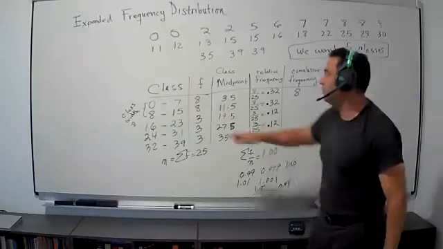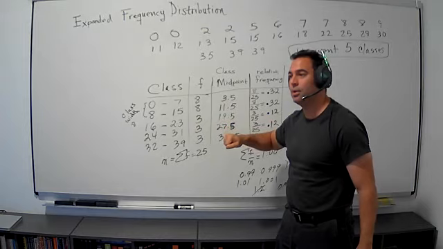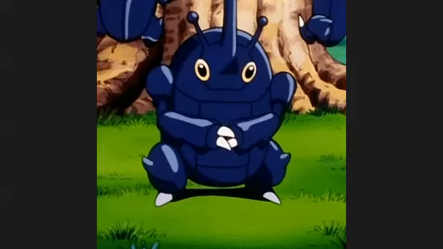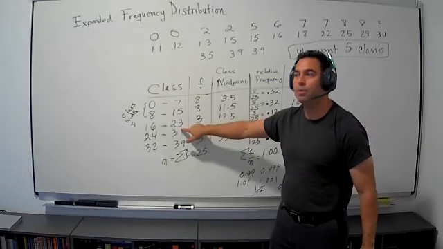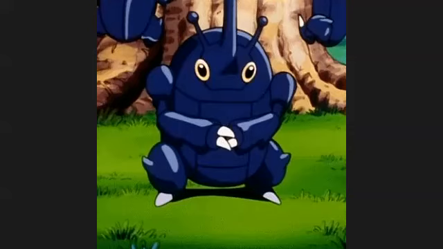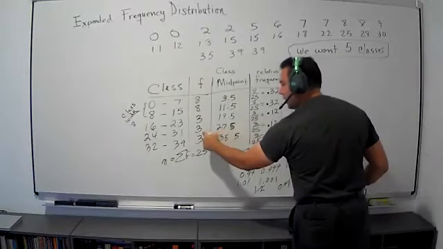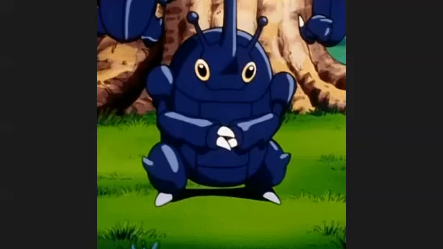But by the time I get to 15, how many numbers would I have counted? 16. By the time I get to 23, how many numbers would I have counted? 19. 16 plus 3 is 19. 19 plus 3, 22. And 22 plus 3, 25. And that's called cumulative frequency.